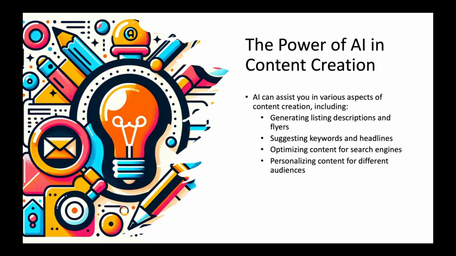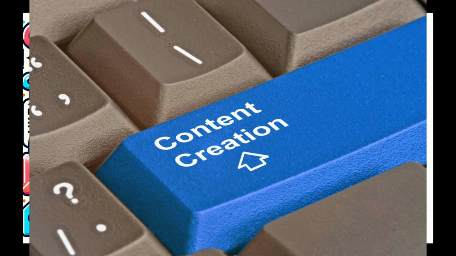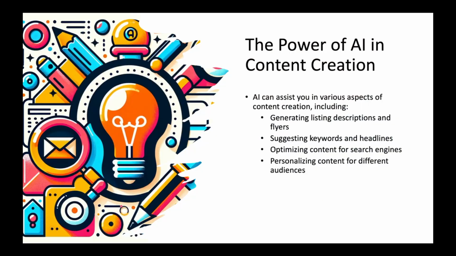And if you don't use the correct keywords, then you're reducing the probability that the systems would bring up your listing in front of anyone that's searching. So AI can suggest great keywords to use and suggest headlines. It would optimize the content for search engines and potentially personalize the content for your audience demographic.